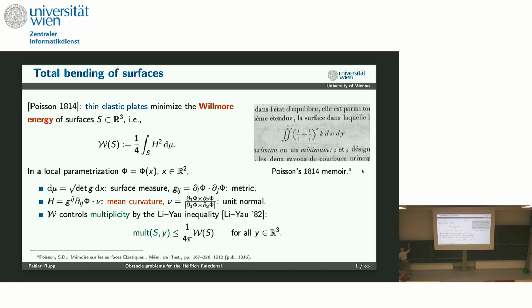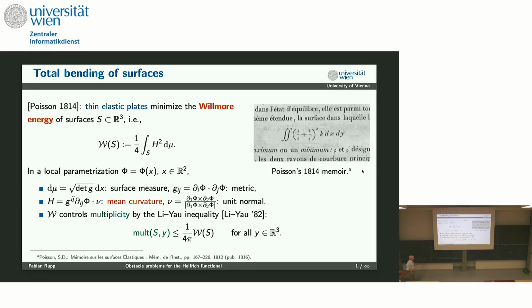So the surface can be a potato-shaped surface, or it can also be a surface with a point of higher multiplicity, like this sausage. And my point is that for a certain energy regime, this multiplicity can be excluded by the Willmore energy term. It's very, very crucial in the analysis.